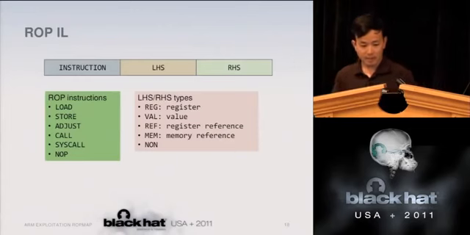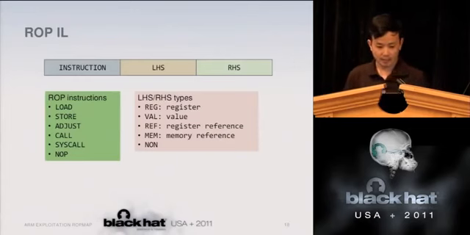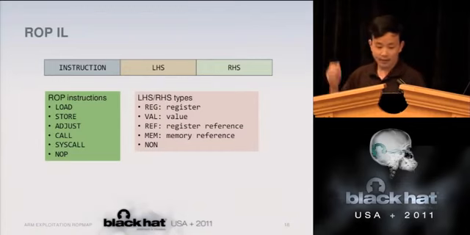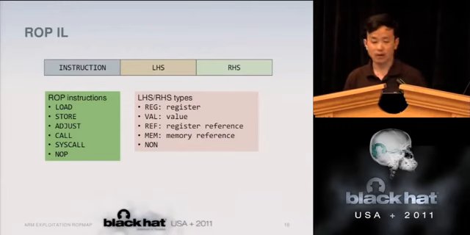So if you have something to remember from the presentation today, just remember this slide. We introduced the ROP intermediate language, which has 6 instructions. It can load, store, adjust, call, and syscall, and nop, no operation.